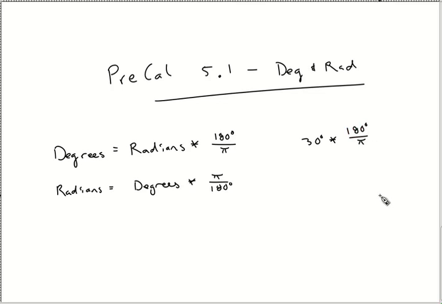Not impossible, but kind of weird. But what if instead I multiplied it by pi over 180? Then my degree symbols cancel, it leaves a pi, and it makes sense. So in this case we would have 30 degrees over 180 degrees, and you've got a pi, and it ends up being pi over 6. So that's the idea here.